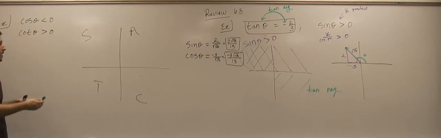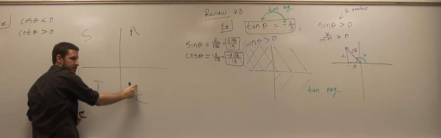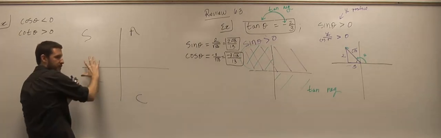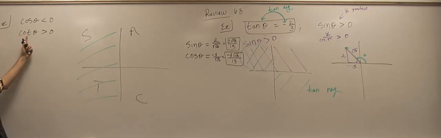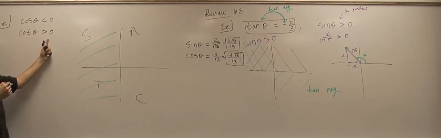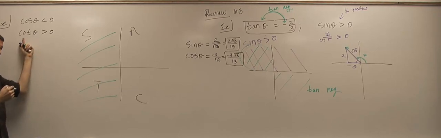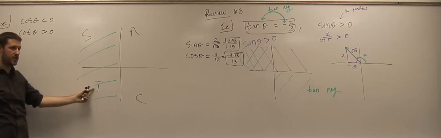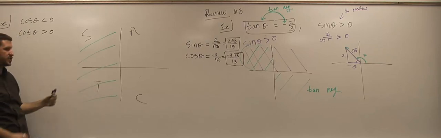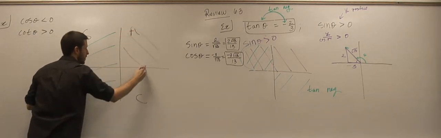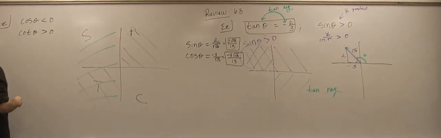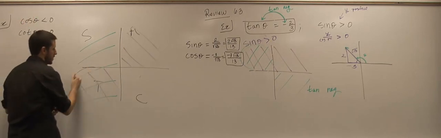Cosine's positive in quadrant 1 and 4, so cosine's negative everywhere else, 2 and 3. And then where is cotangent positive? 1 and 3. You have to be careful with this, because in order to do cotangent with this diagram, you have to reference tangent. Cotangent and tangent are positive in the same quadrants. So here I'm trying to describe quadrant 3.